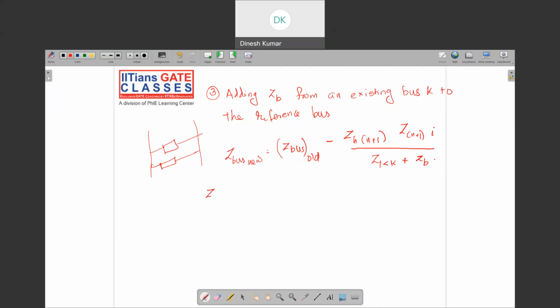ZB is the new impedance connected, and it is connected between existing bus K and reference. So like this, we can actually find this.